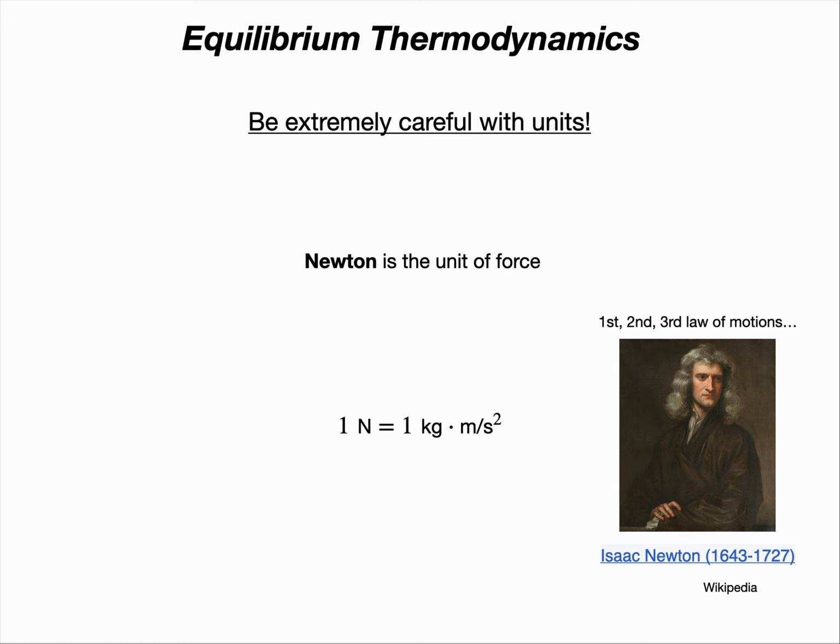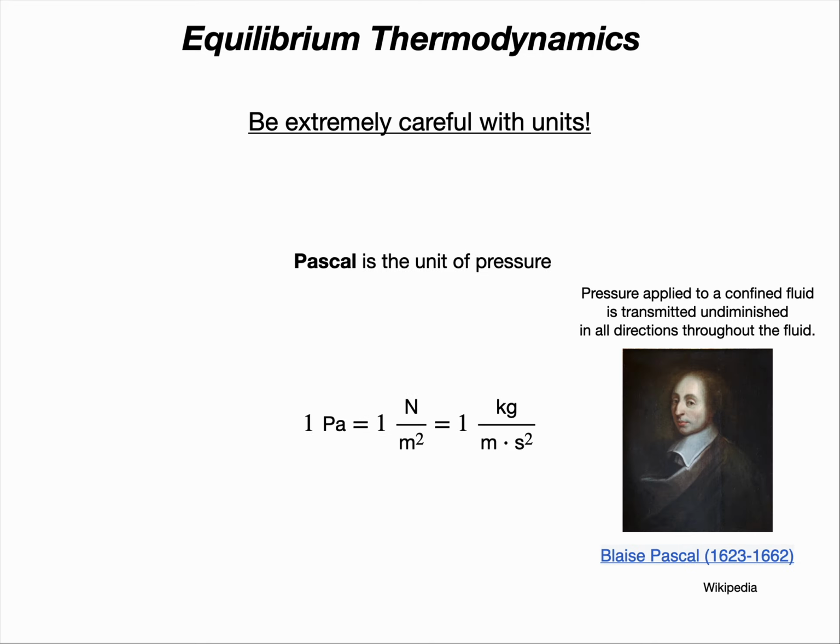Newton is the unit of force. A Newton is a kilogram times acceleration, meter per second squared. The Pascal is the unit of pressure. So pressure is a force, a Newton, applied on a surface, meter squared.